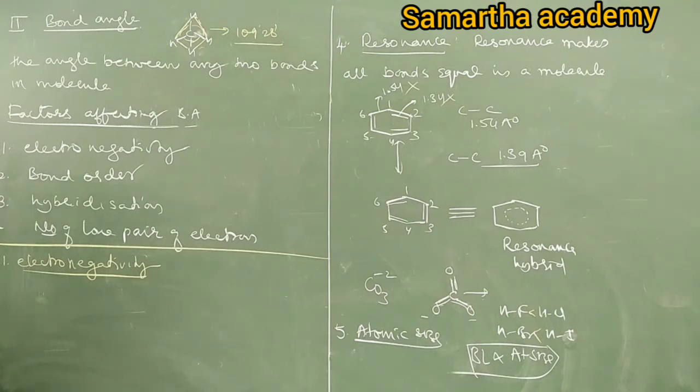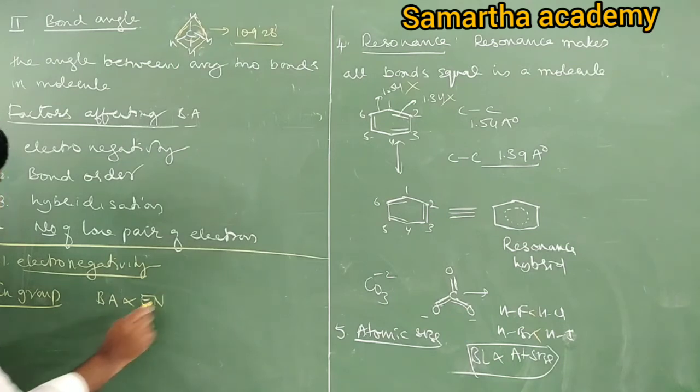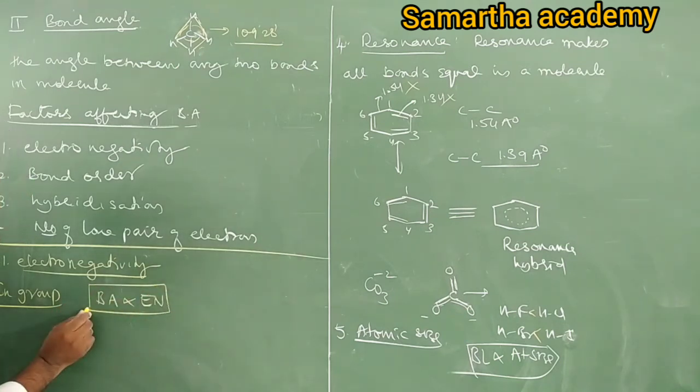Particularly in a group, just remember, in a given group, bond angle is directly proportional to electronegativity. This is applicable for only a group.